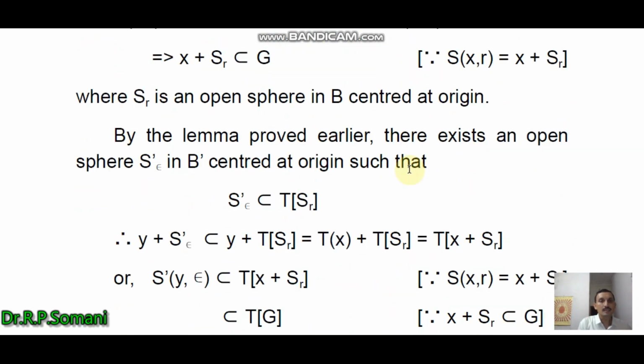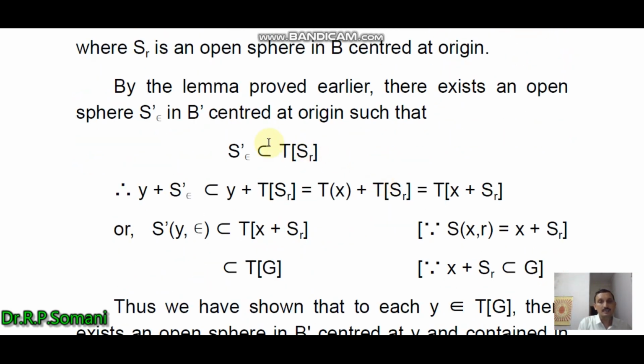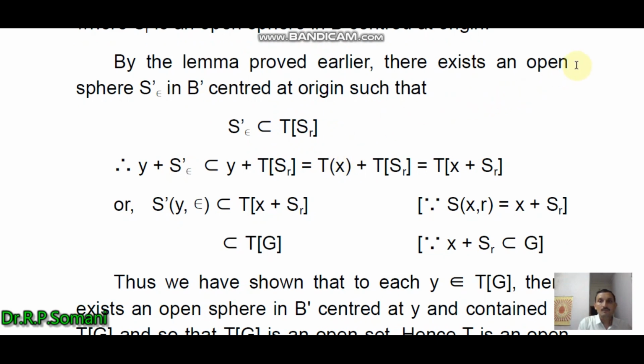Then by the lemma proved earlier, there exists an open sphere S epsilon dash in B dash centered at the origin such that S epsilon dash is a subset of TSr. Therefore, y plus S epsilon dash is a subset of y plus TSr, and as y equals Tx, this equals Tx plus TSr, which equals T(x plus Sr).